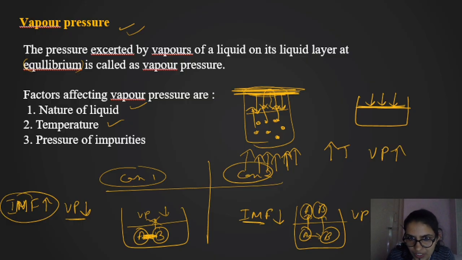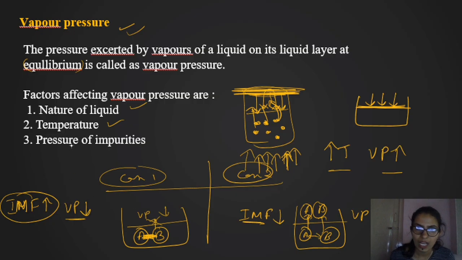When they get energy, they'll try to escape and convert into vapor form. So if I keep on increasing the temperature, more particles are going to convert into vapor. And if there is more vapor, then more pressure is created. So the higher the temperature, the higher is the vapor pressure.